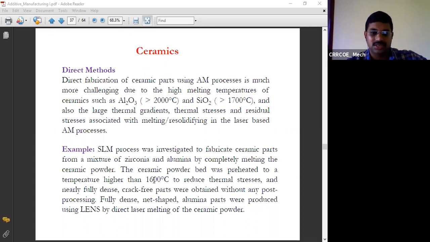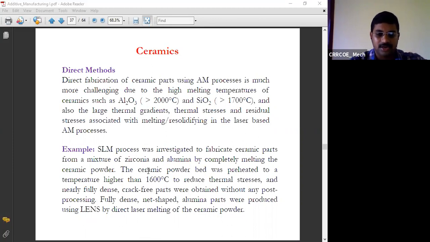The important thing is they heated up to this temperature to reduce the thermal stresses. Nearly fully dense and crack-free parts are obtained without any post-processing.